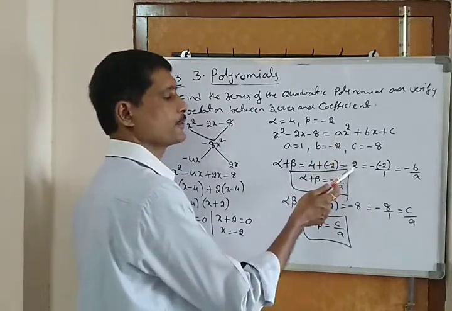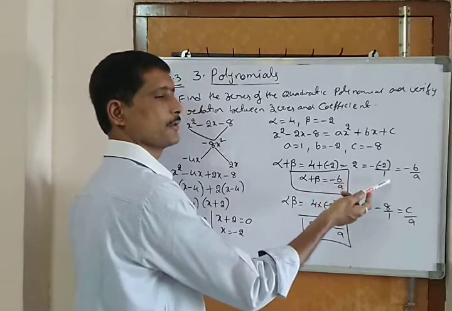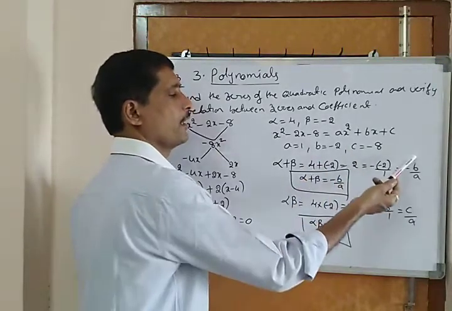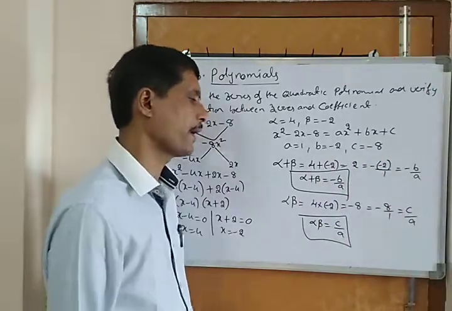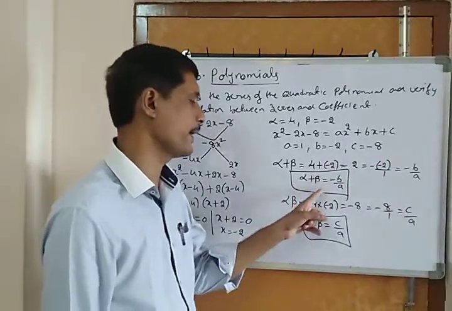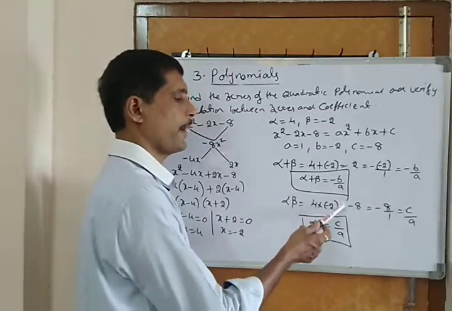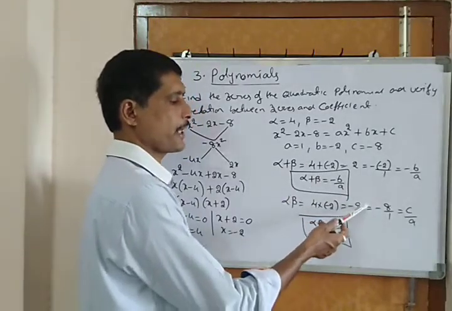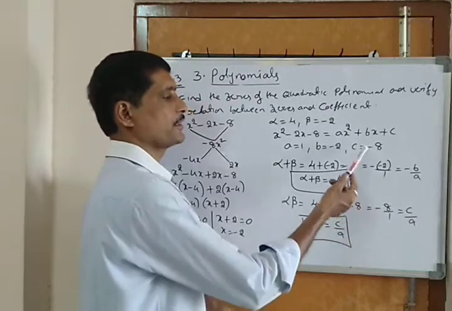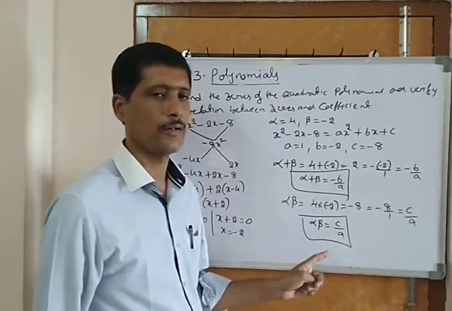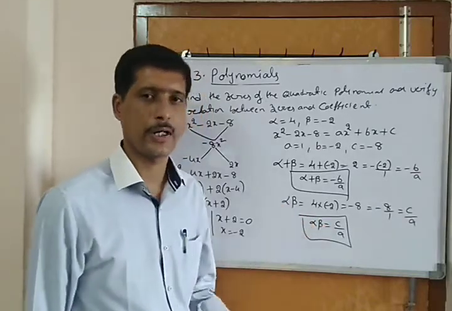This 2 can be written as minus into minus, that is plus only, therefore minus 2 can be written as minus b by a. Alpha plus beta equals minus b by a. Alpha beta equals the product of the zeros, 4 into minus 2, that is minus 8, which can be written as minus 8 by 1, that is c by a. Therefore alpha beta equals c by a. Okay, understood everyone? Okay, thank you.